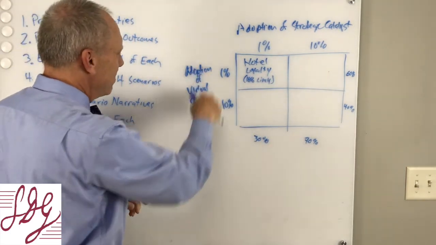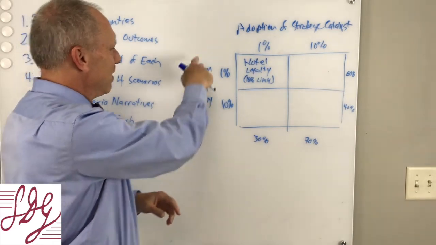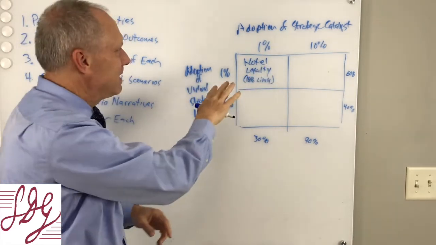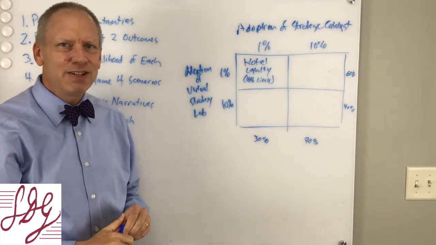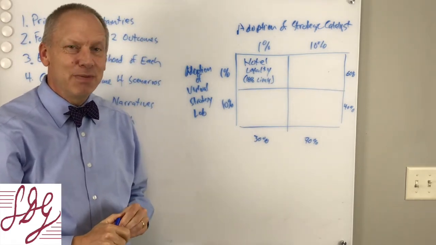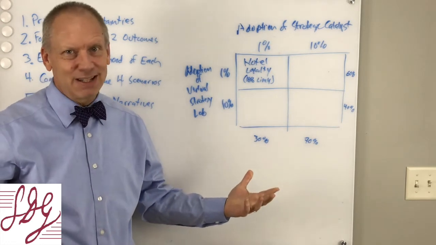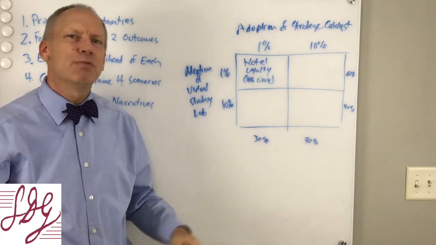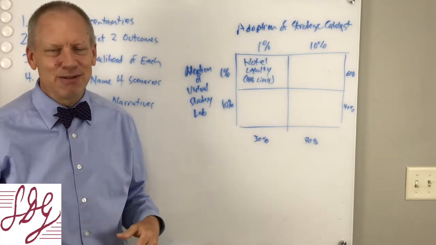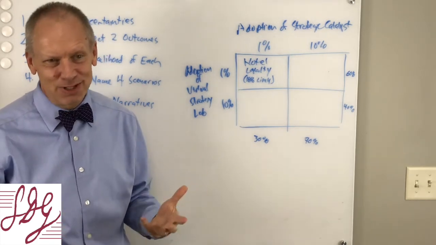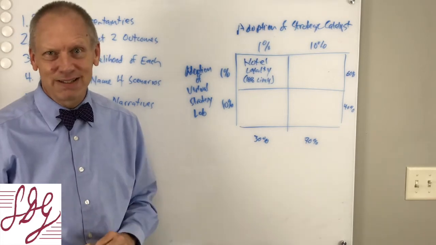Now the second scenario is, again, we've got low adoption of the virtual strategy lab. We have high adoption of the strategic catalyst. And so this is a scenario where people are loving the strategic catalyst model, but they want to do it in person. So it's short engagements, but wherever the customer is.